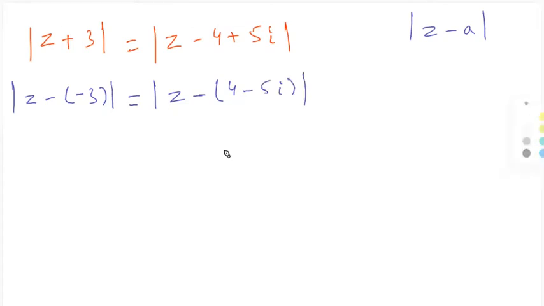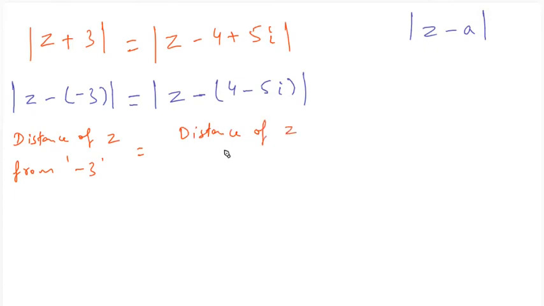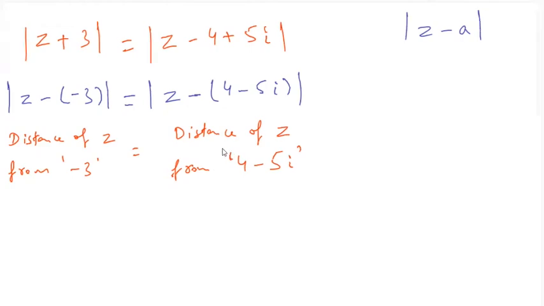This means the distance of z from -3 is equal to the distance of z from 4 minus 5 iota. This is how you read this. You have two points: one point is -3 and the other point is 4 minus 5 iota.